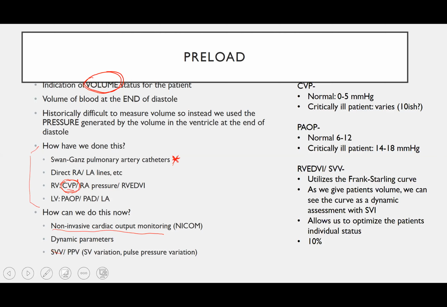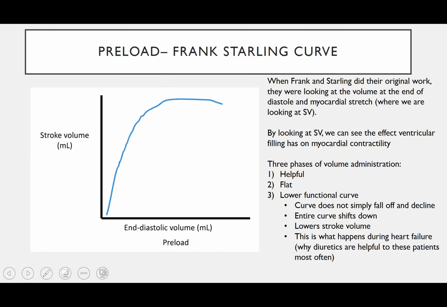And the Frank-Starling curve we're going to look at here in just a minute. So this is going to be our changes in stroke volume and in diastolic volume, which is, as a reminder, our preload. So how much volume is kind of sitting in the right ventricle, returning to the right side of the heart at the end of filling.